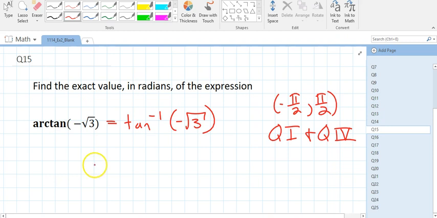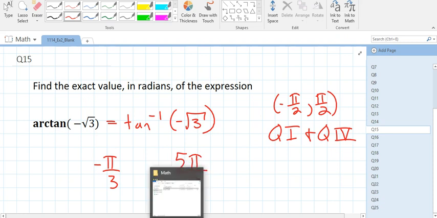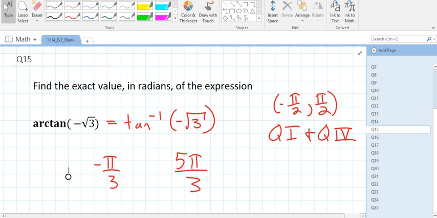Negative pi over 3. Now, how did you know it was negative pi over 3? Because someone else would probably give me what angle? 5 pi over 3. Most of you would come up with this first. And if you put this into the computer, it's going to be like, wrong, even though, yes, this is in quadrant 4.